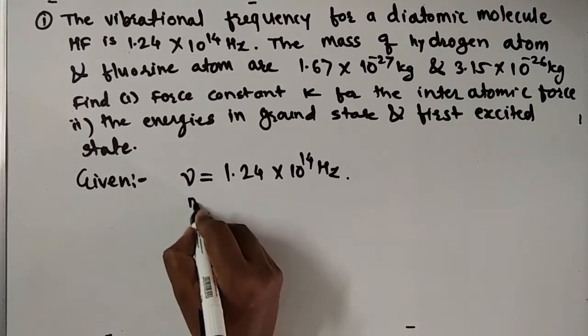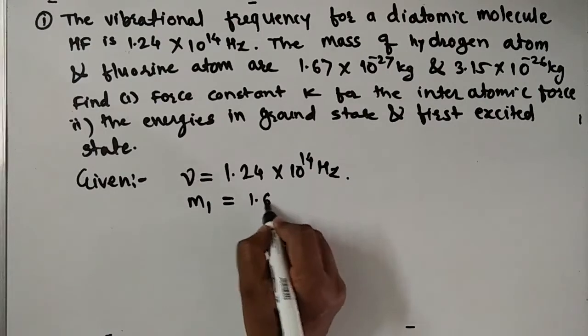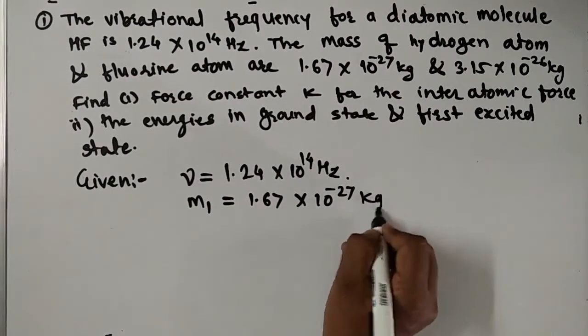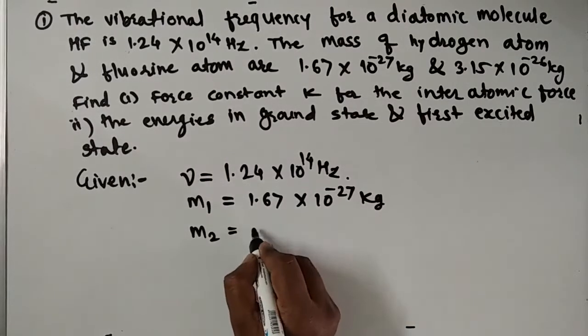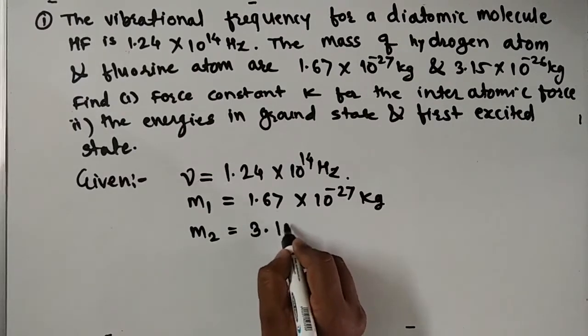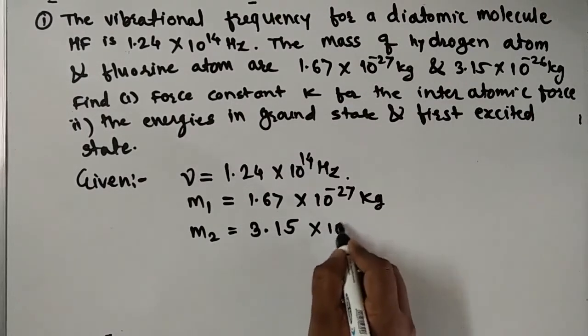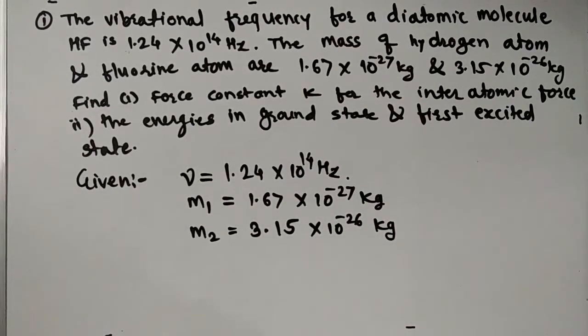We will call mass of hydrogen as M1, so it is 1.67 into 10 raised to minus 27 kilogram, and M2, that is mass of fluorine atom, is 3.15 into 10 raised to minus 26 kg. That means the fluorine atom is much heavier than the hydrogen atom.